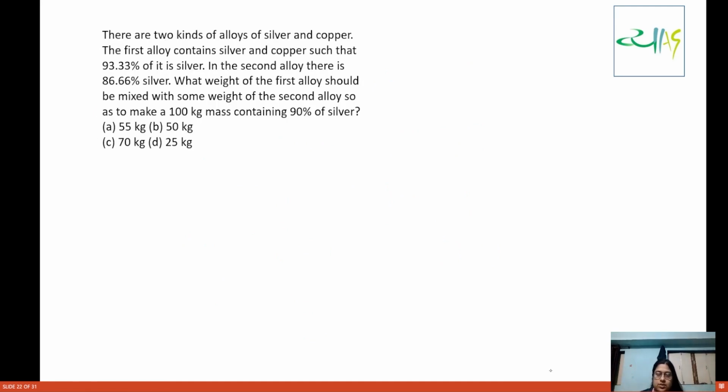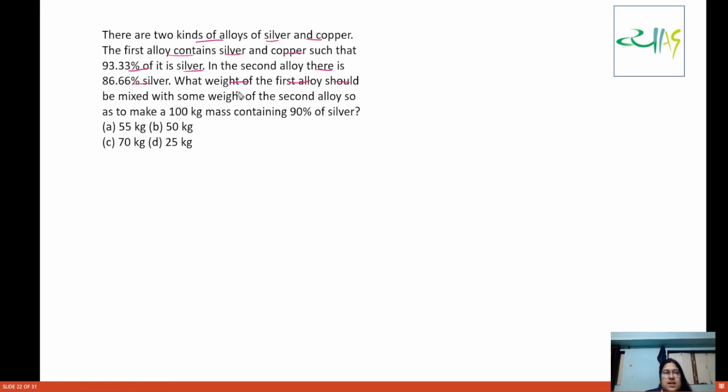Okay, guys, look at this question. See what this question is saying, that there are two kinds of alloys of silver and copper. The first alloy contains silver and copper such that 93.33% of it is silver, and in the second alloy we have 86.66% of silver.